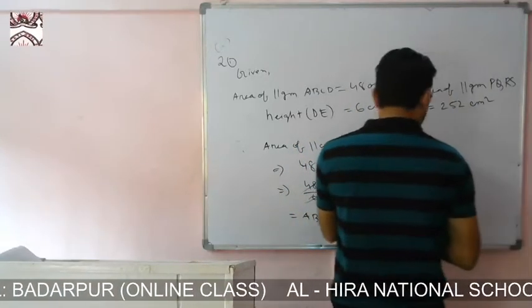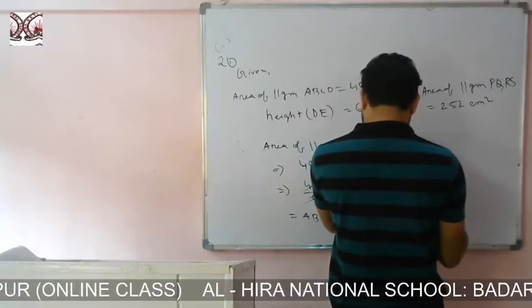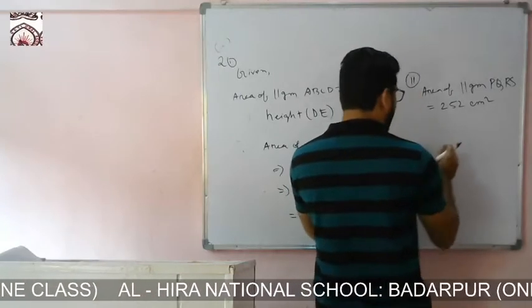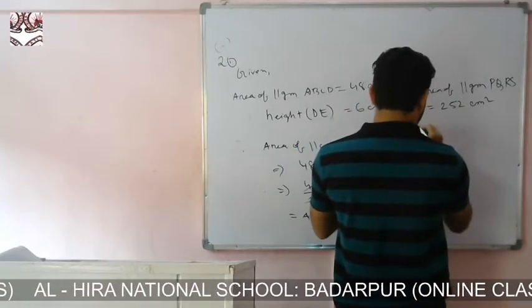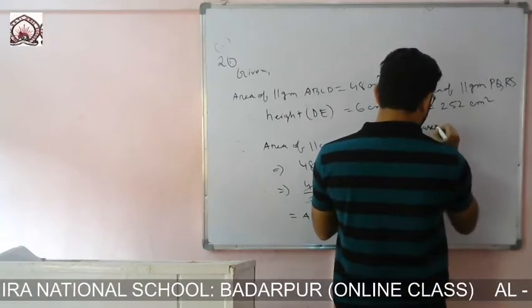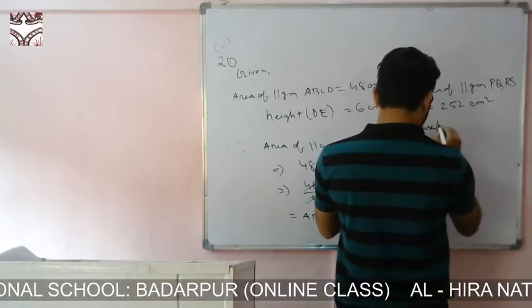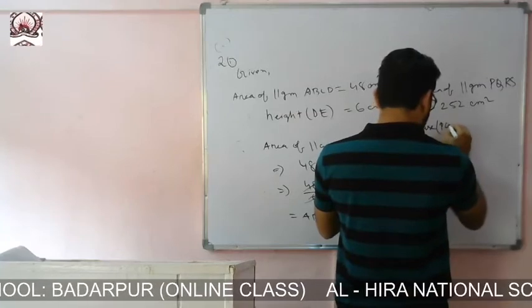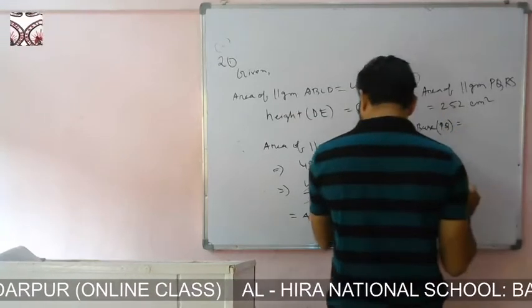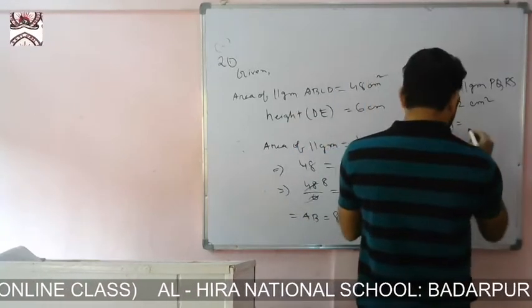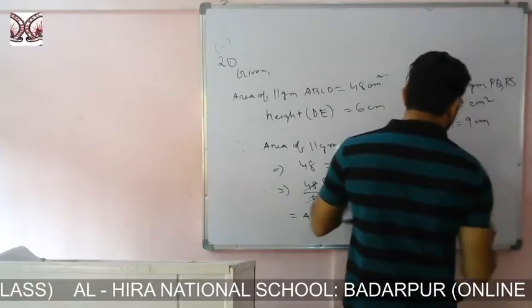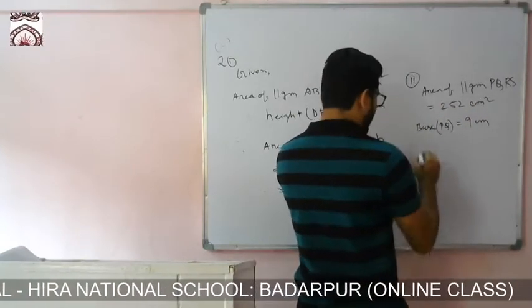Here you see base is given. PQ is the base. You have to find RT. That means height. So write base, bracket PQ, equals 9 centimeter. Okay. I have to find RT.